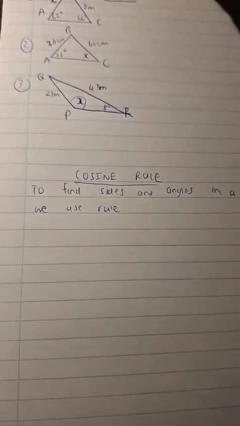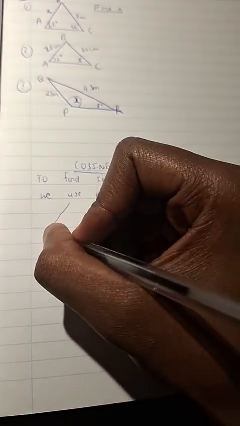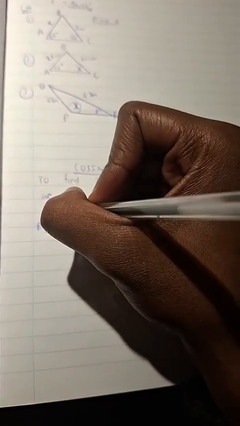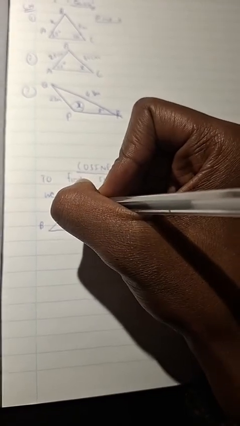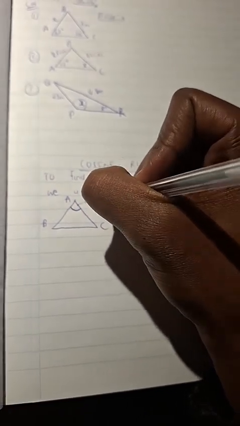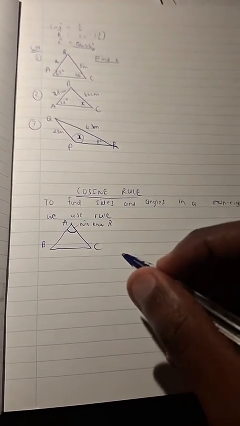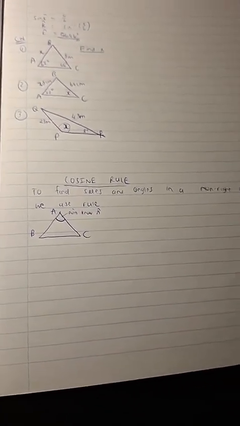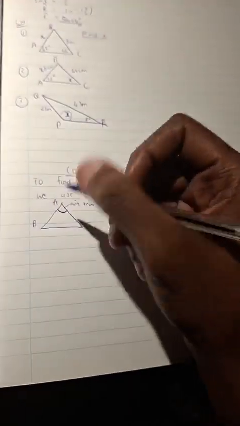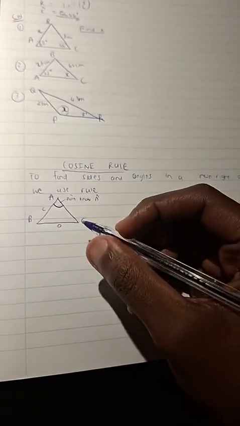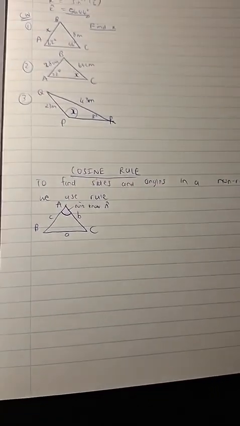And the rule goes as follows, guys. If you have a triangle, let's say triangle ABC, and let's say the unknown angle is A. We don't know angle A, but side A is given to us, side C is given to us, and side B is also given to us.